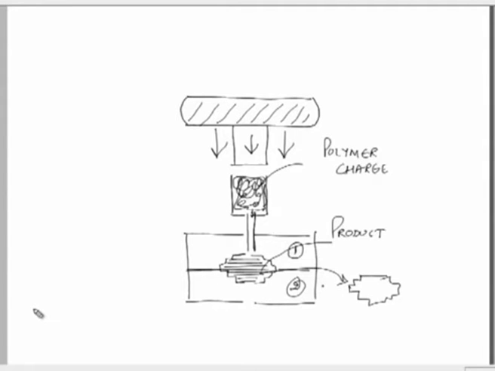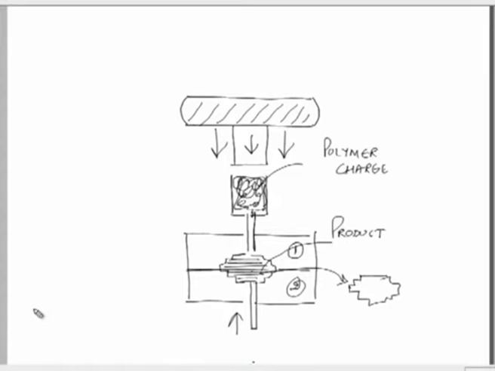So, the mold is also made in two halves, and in order to facilitate the easy removal of this particular product, we can also have some ejection mechanism. So, this particular ejection mechanism would come into picture once the product has been made.